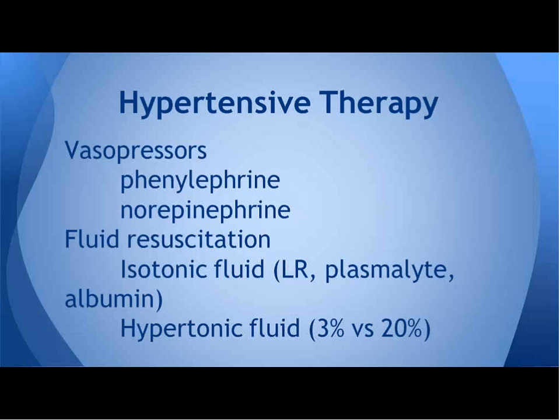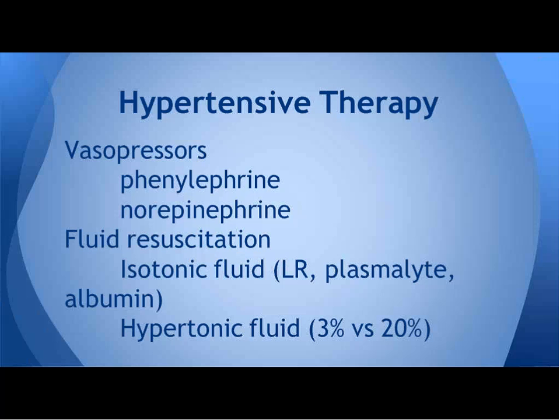There is growing data that normal saline is, as one of my prior professors would call it, the drug of the devil, where it can cause a moderate metabolic acidosis and lead to increased morbidity and mortality in some small studies.